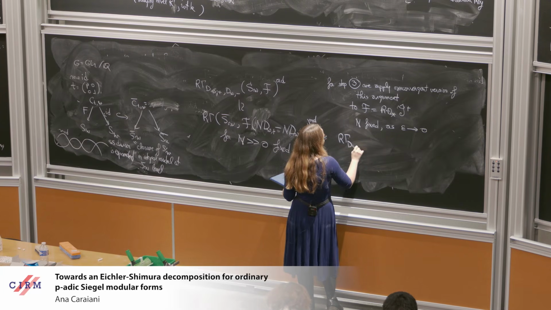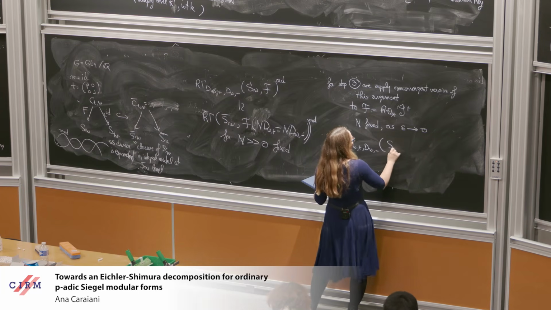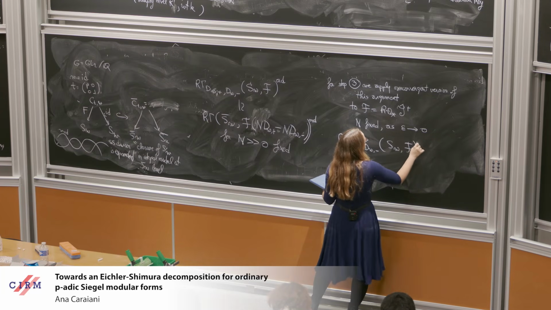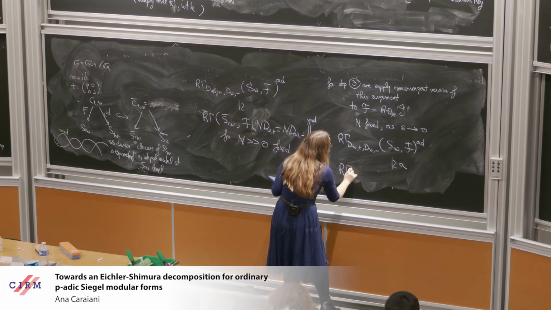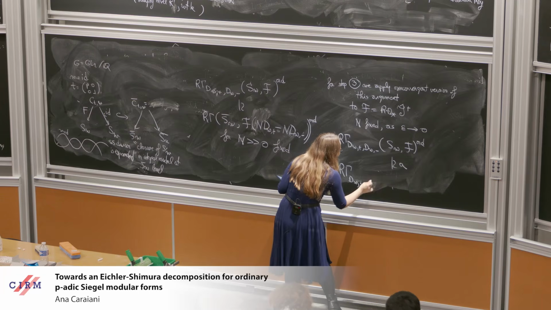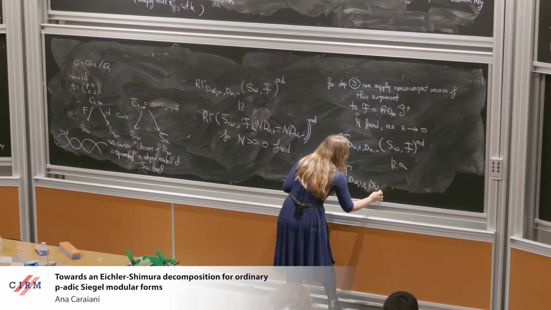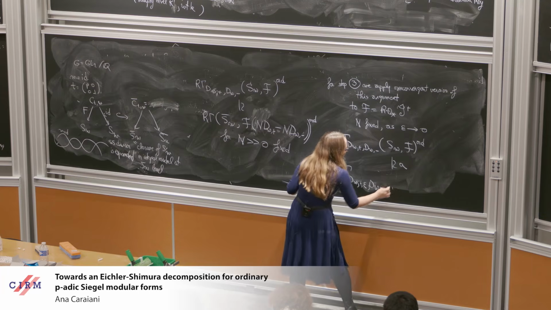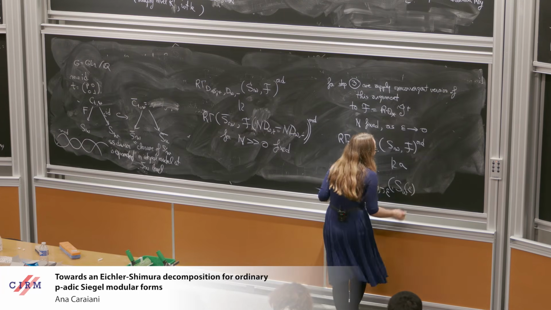So this would be, and then I can just take some overconvergent version of the plus divisor and an overconvergent version of the minus divisor, some overconvergent neighborhood.